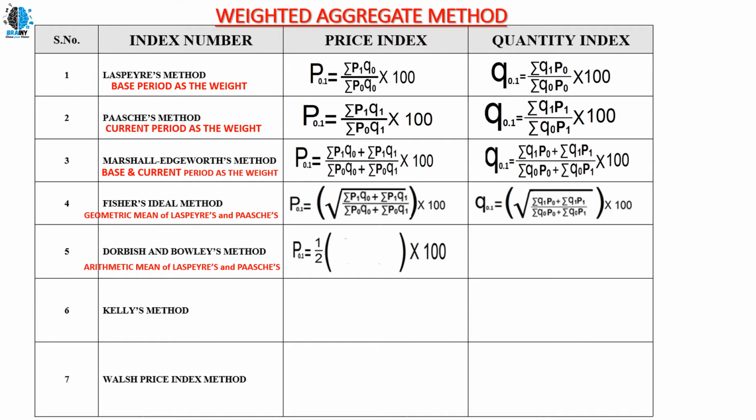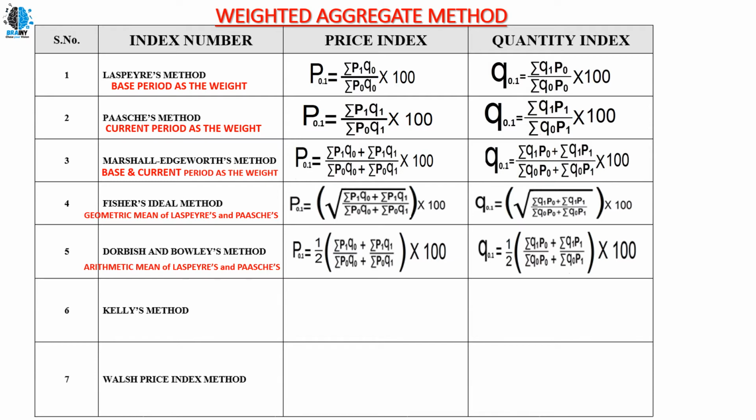The first formula, summation P1 Q0, is from the Laspeyres method. The second formula is from the Paasche method. So we get this same here. Next we have the quantity index. The first formula is from the Laspeyres method of quantity. The second formula is from the Paasche method of quantity, right? So this is all about Bowley's method.